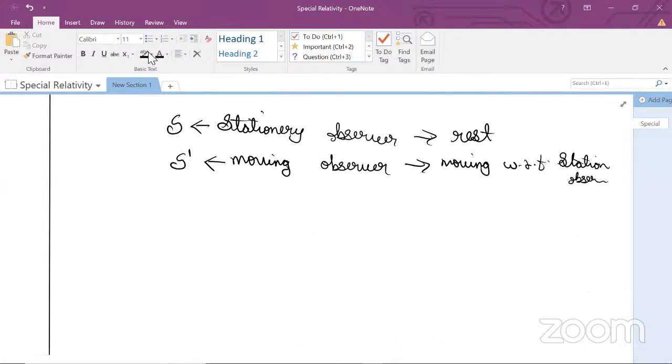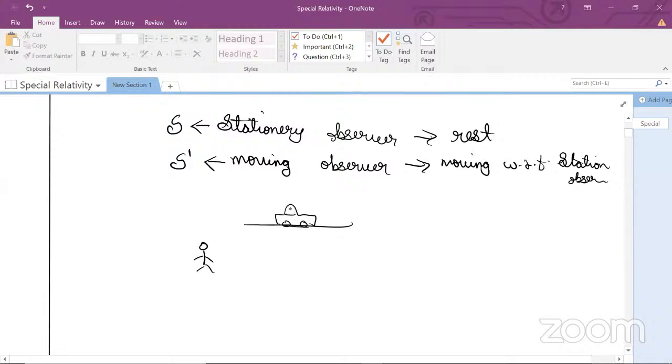Okay. So consider two observers, say a person who is standing and a person who is in a car. So there's a car and there's a person here and he's moving like this. With respect to this S observer here and S dash observer here, for S observer, S dash is moving.